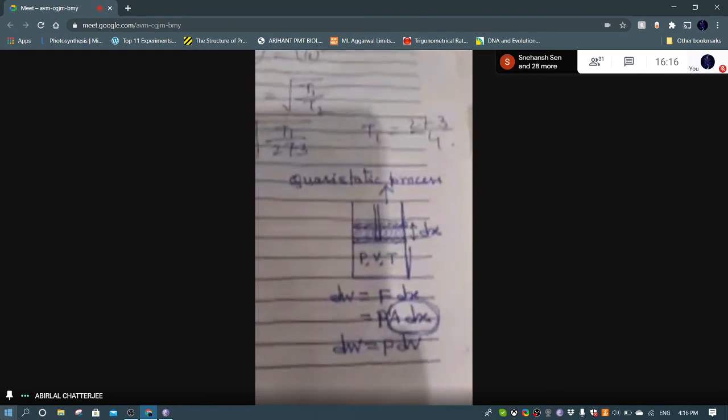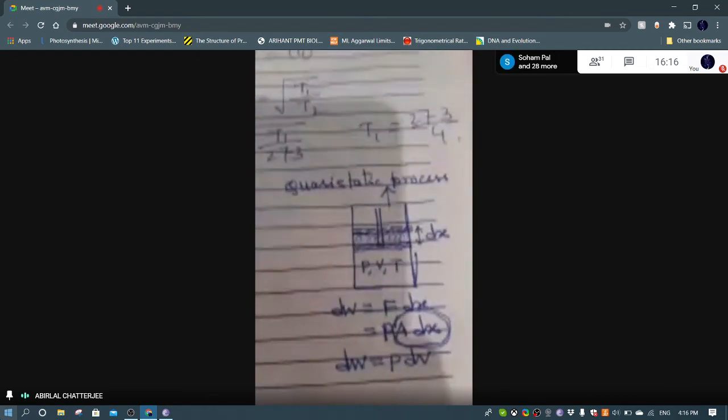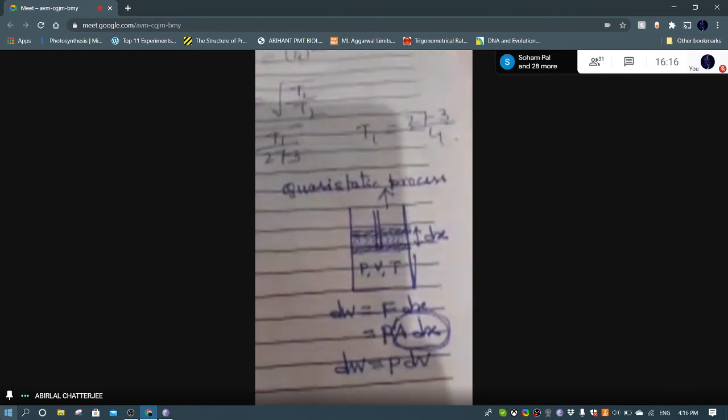Every state is infinitesimally close to its previous state. Means change is taking place in very small amounts. Okay, sir. How are you getting it theoretically? Like dW equals to PdV.